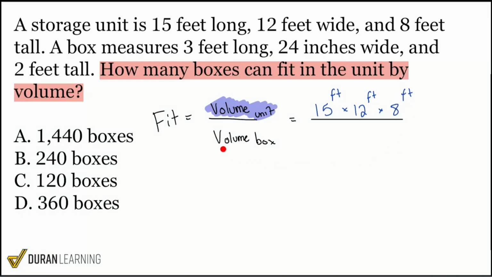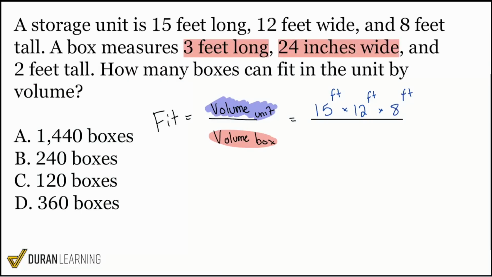Now let's go over to the volume of each individual box. So to capture that, I'll simply go ahead and use red. I'll come back over here and I see that it says the box measures 3 feet long, 24 inches wide, and 2 feet tall. Let me show you what the problem is with that right over here.